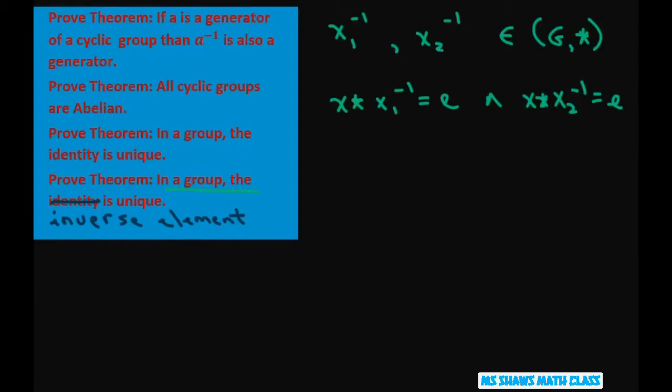So now we know that x sub 1 to the negative 1 equals x sub 1 inverse star E. And that's due to the definition of identity.